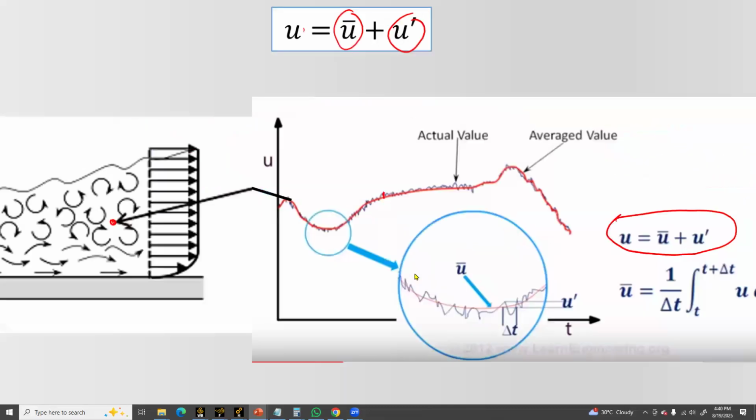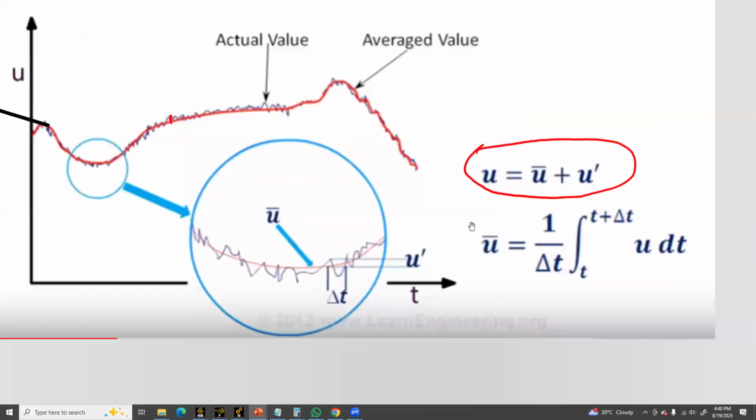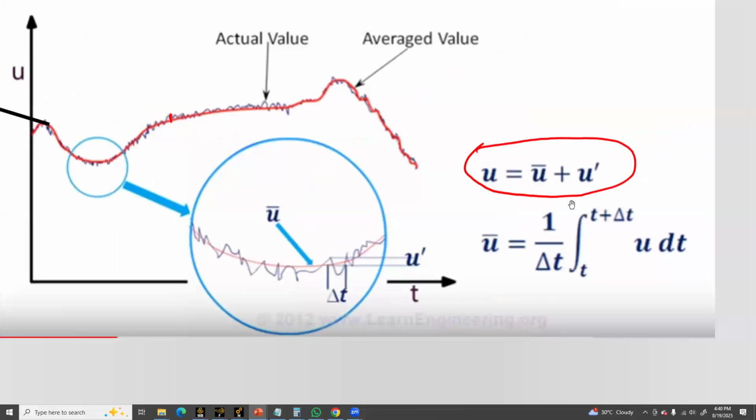Okay. So I can define the mean velocity as the average of the velocity with respect to time. If I integrate and then divide by the whole time. So if I integrate from time t to t plus delta t, that is between these two locations, within this interval. And this can be true for the complete time step also, from beginning to the end.